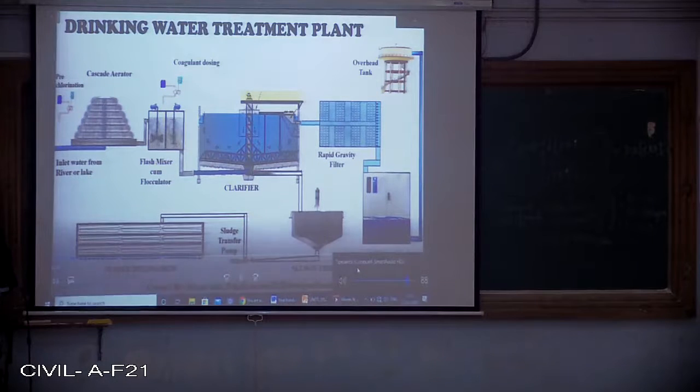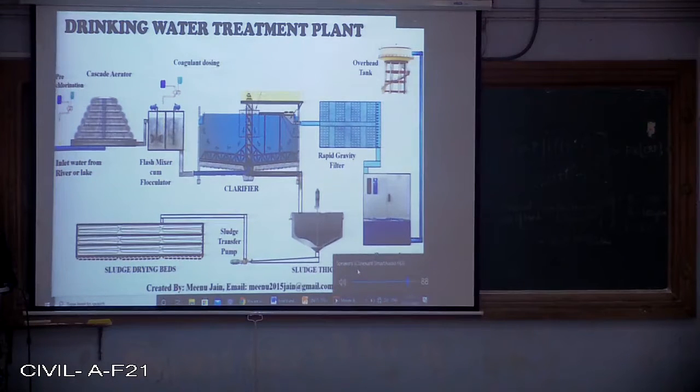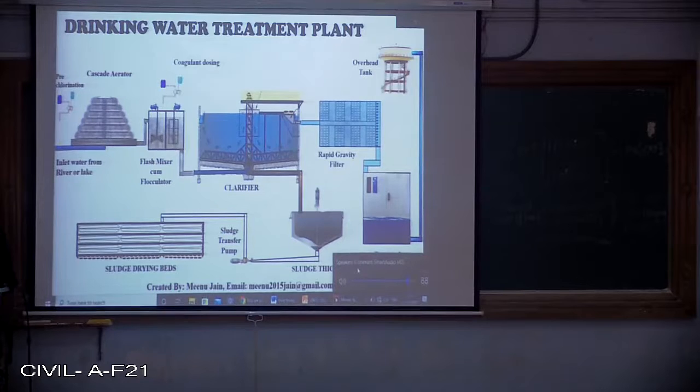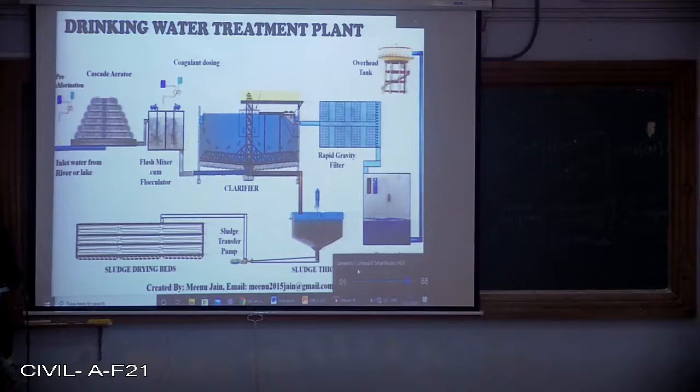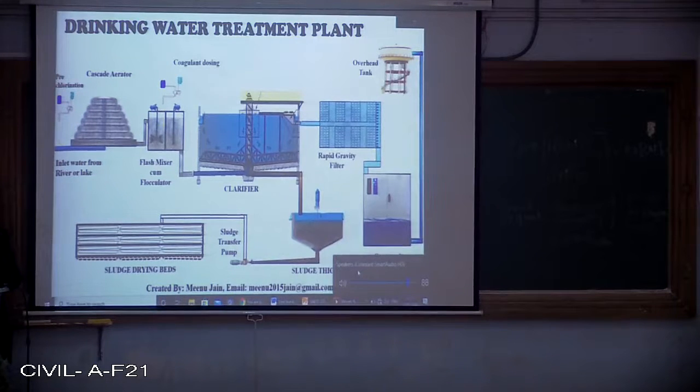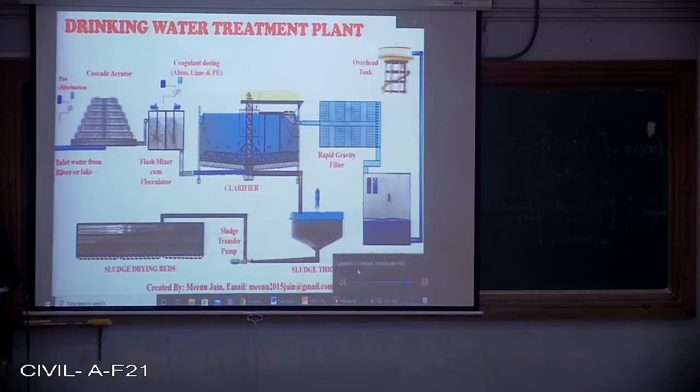And the sludge produced from the bottom of the clarifier is sent to the thickener, followed by the sludge drying bed through sludge transfer pumps. Sludge drying beds comprise an under drainage system. Thus, drainage liquid is further sent to the clarifier and dried sludge from the sludge drying beds is disposed of as per the client's requirement.